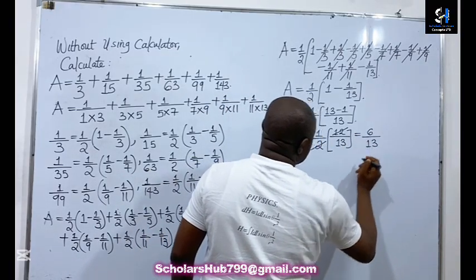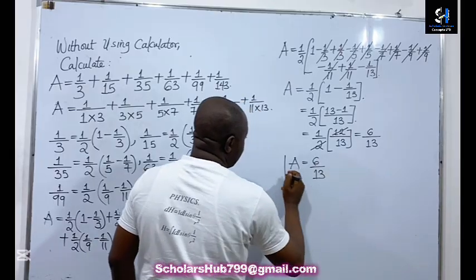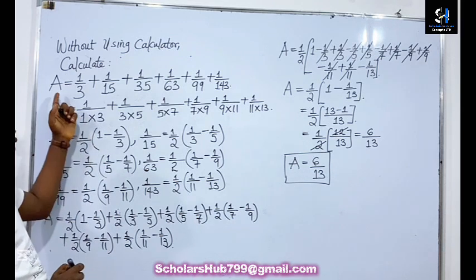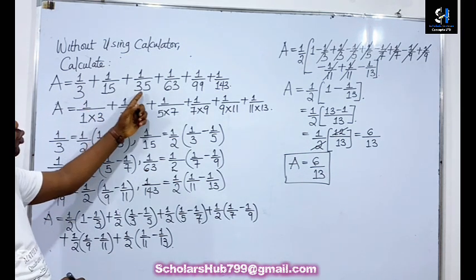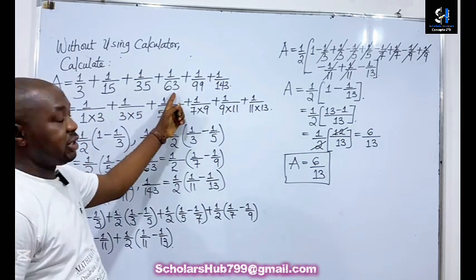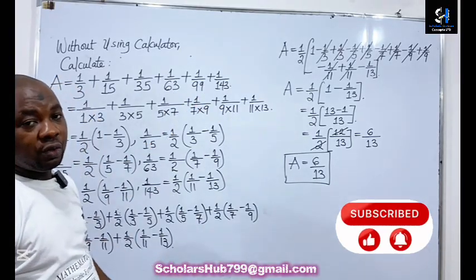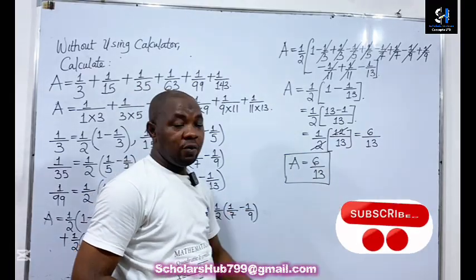So the value of A is 6 over 13. So without a calculator, the value of 1 over 3 plus 1 over 15 plus 1 over 35 plus 1 over 63 plus 1 over 99 plus 1 over 143 is 6 over 13.